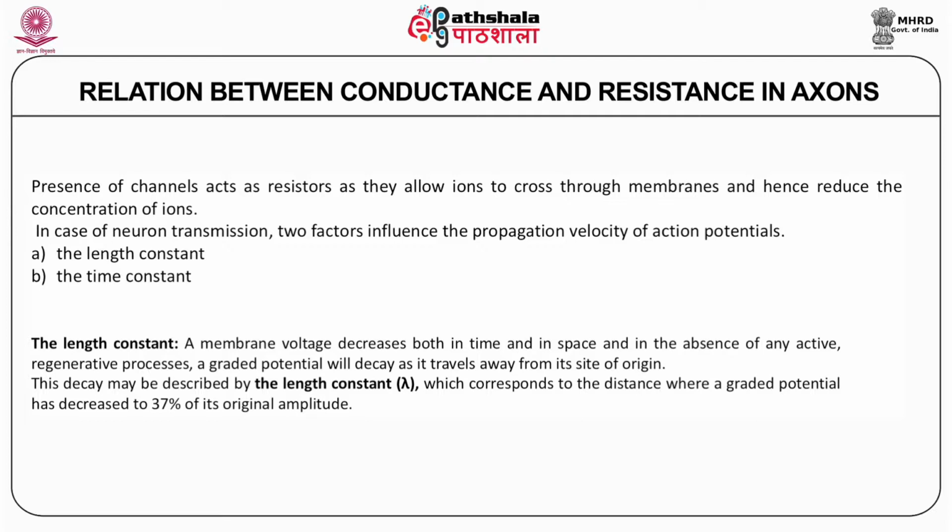Number one, the length constant or space constant, and number two, the time constant. The membrane voltage decreases both in time and in space in the absence of any regenerative processes. Therefore, a graded potential will decay as it travels away from the site of origin.